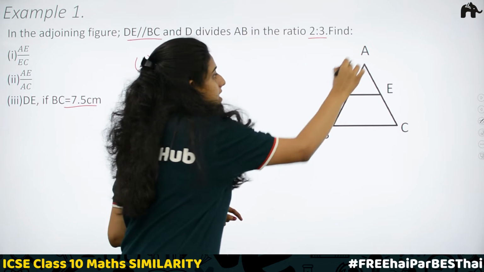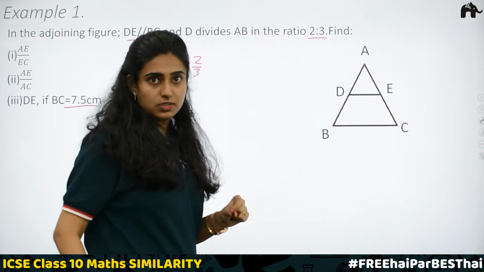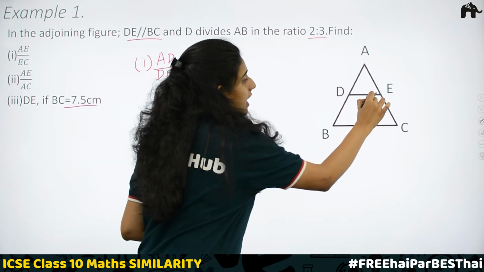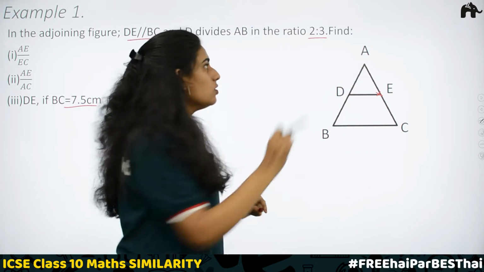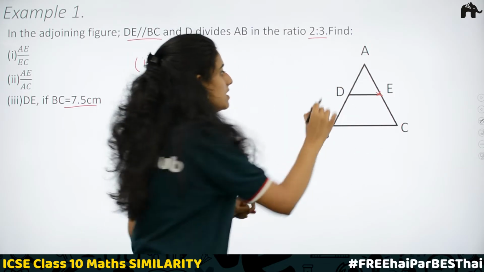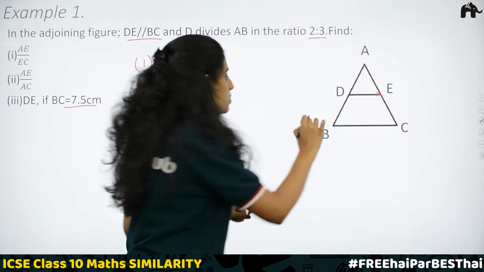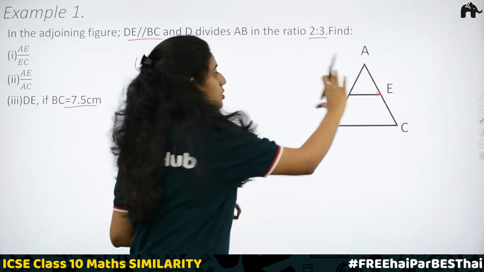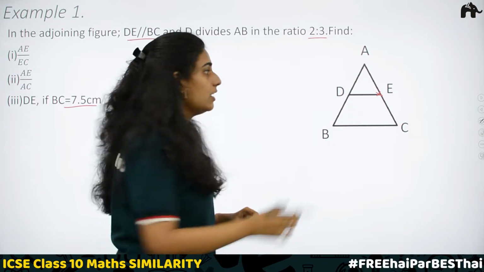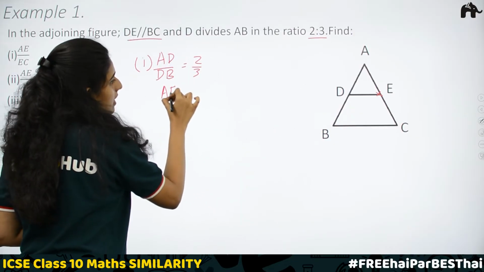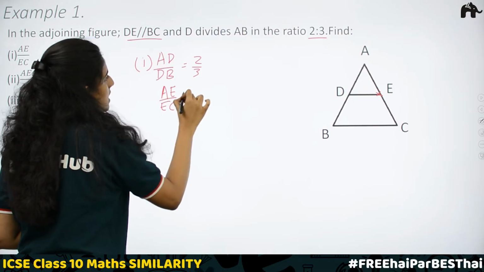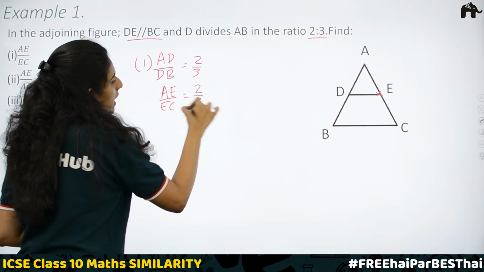If D divides AB in the ratio 2:3, then E divides AC in the ratio 2:3, because DE is a line parallel to BC. So the ratio in which the other two sides are divided will be the same. Therefore we get AE by EC is equal to 2 by 3.